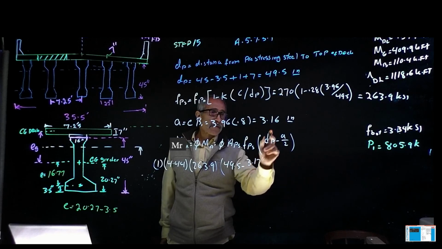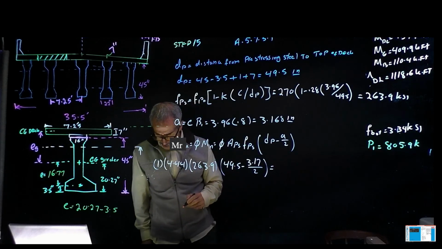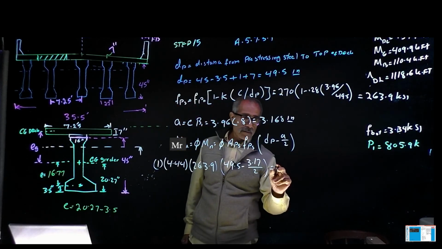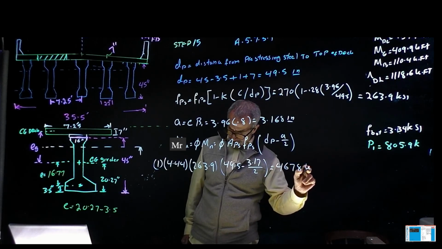Actually, it's 3.17, 3.16, something like that, divided by 2. So now I'm going to end up with 4678 kip-inch, kip-foot.